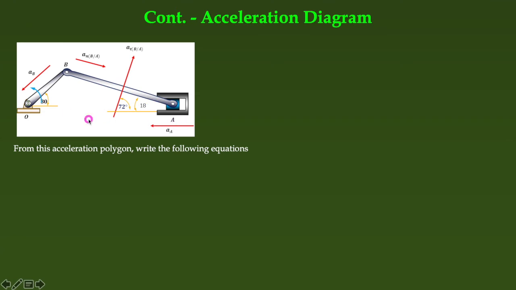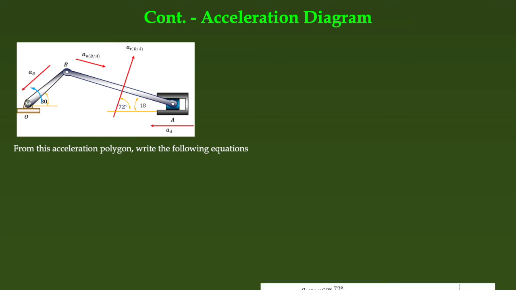So the direction of A is this. The number of accelerations here is 4 for this mechanism. Out of that, we know the different angles, meaning the directions of the components. We know the magnitude as well as direction of some of these accelerations, and for the rest of the accelerations we know the direction but not the magnitude.